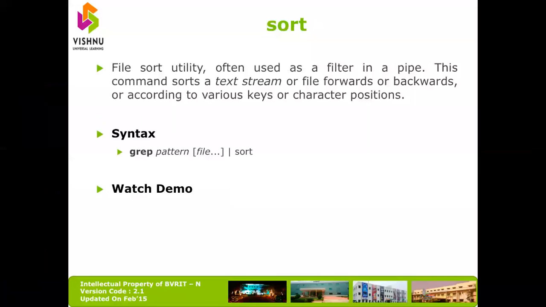Well, now another command we have here is called sort, a sorting utility often used as a filter option in a command, where the command sorts a text stream or a file according to various keys or the options you mention.